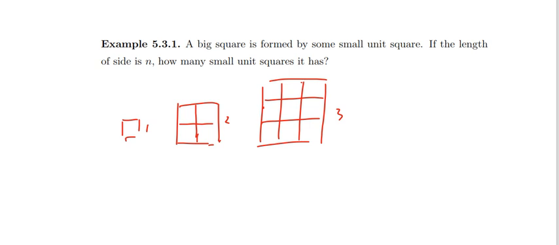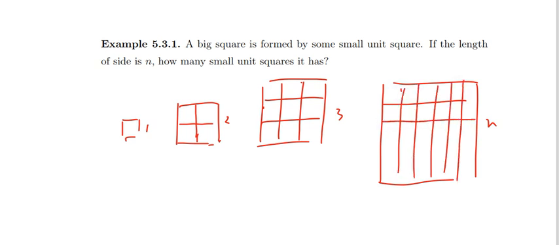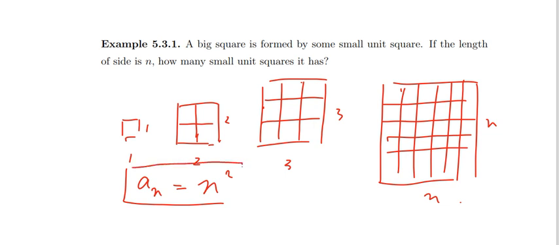If this side is n, how many small squares? We know this should be n squared, right? Let the number of squares be An. So for n equals 1 it is 1, n equals 2 it is 4, n equals 3 it is 9, and for n it is n squared. So we have this relationship: An equals n squared.